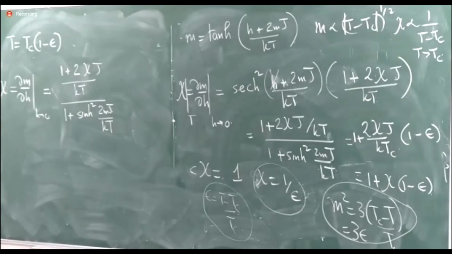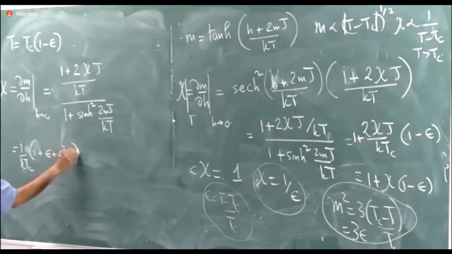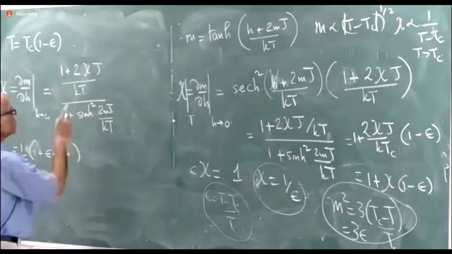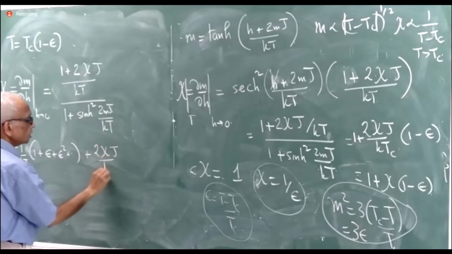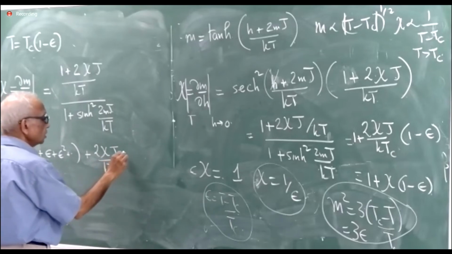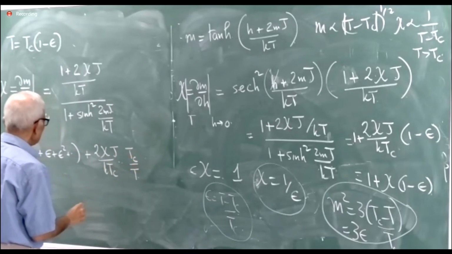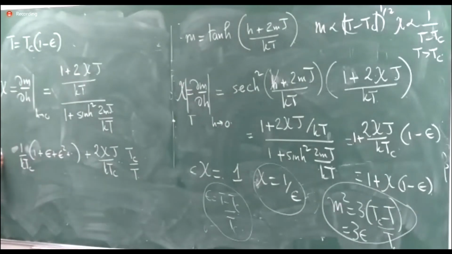So up over here it is going to be 1 plus 1 over kTc, that's this term over here, 1 plus epsilon, 1 minus epsilon to the power minus 1, 1 plus epsilon square, plus 2, so that's the first term over here, plus 2 chi J over kTc times Tc over T. So just looking at, let me write down the numerator.